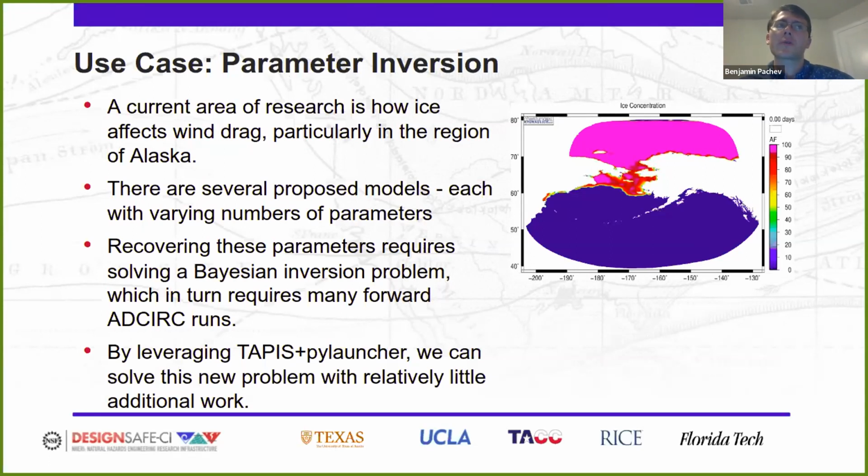But it turns out there's not much difference coding-wise between this problem and the previous simulations, even though it's a very different problem mathematically. The software engineering required is the same, and so we were able to reuse quite a lot of code to do this.